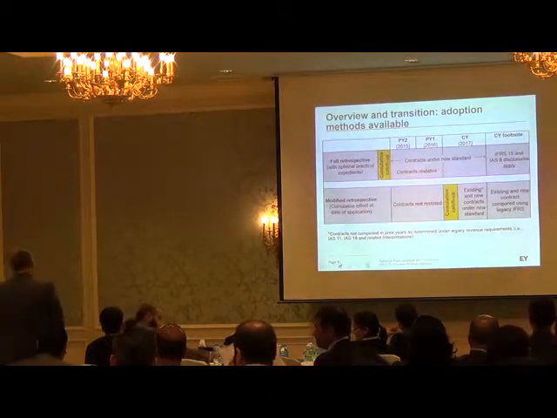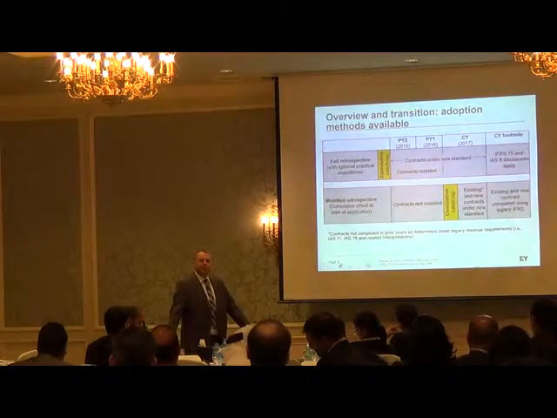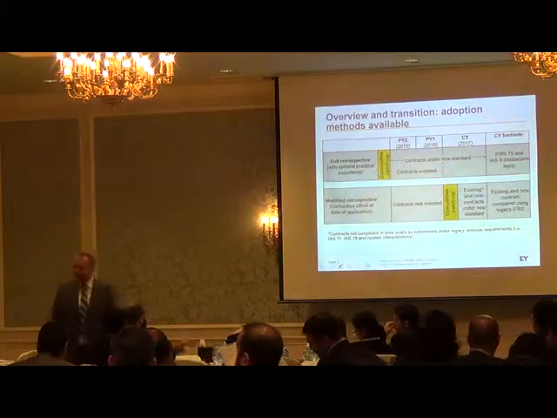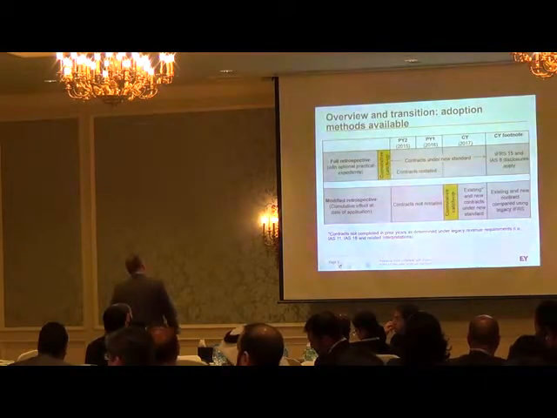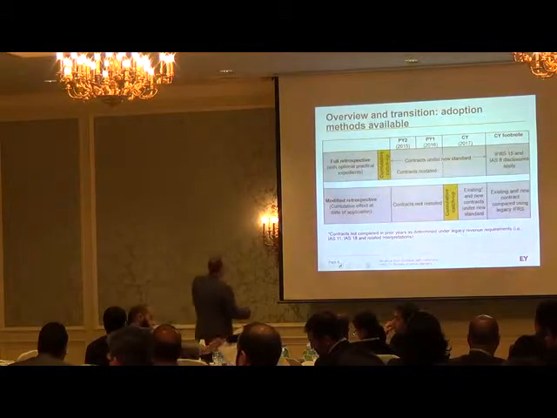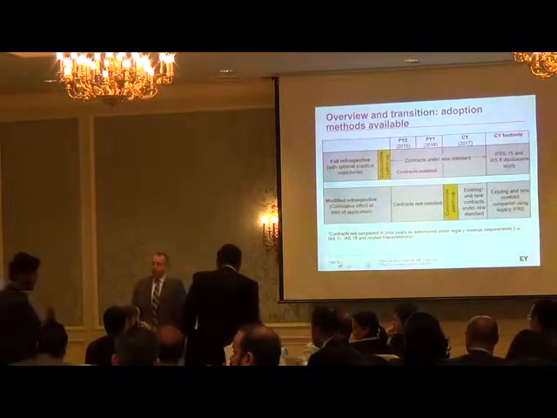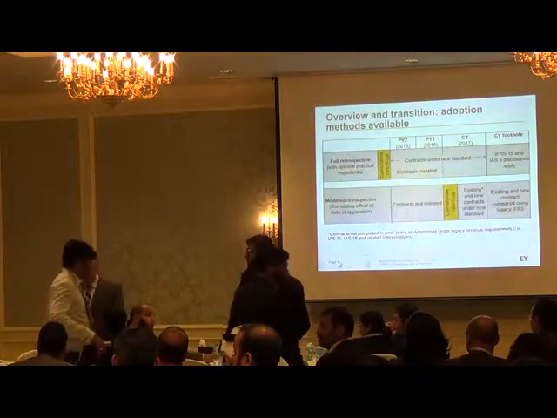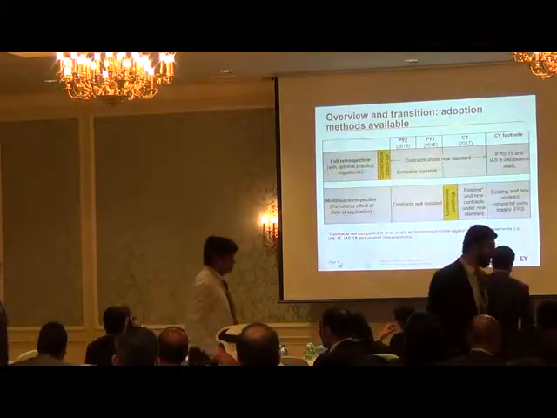Look. When we make the transition, there are going to be two methods available. The first method is the so-called full retrospective one, and the other one is the so-called modified retrospective approach. Okay, what does this mean? Well, the full retrospective one is going to be pretty easy to make.